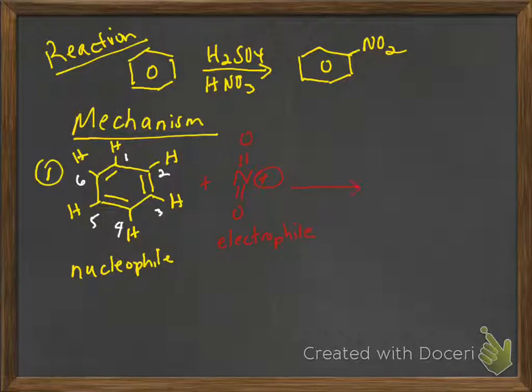And when we start this mechanism now, we know then that the bond from the benzene ring, and again, it doesn't matter which one we pick, we just have to be consistent when we start drawing a resonance structure. So I'm going to show that the bond between 2 and 3 is going to go after that nitro group, right? And now we'll draw the next step over here, showing what happens.